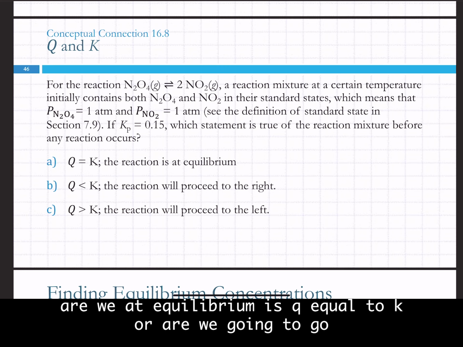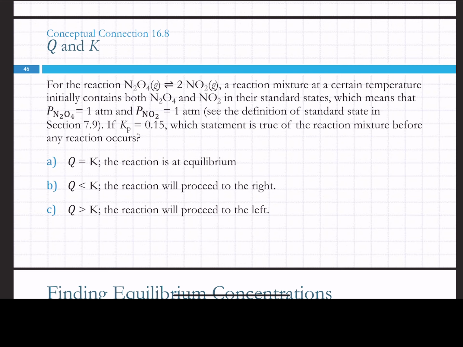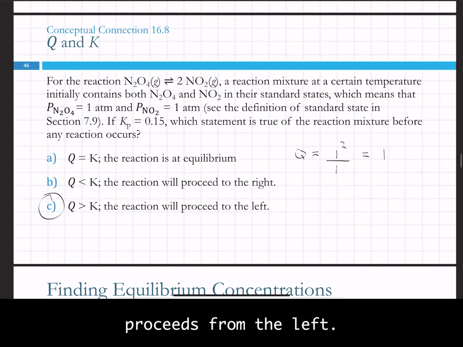Is Q equal to K, or are we going to go towards the left or towards the right? Yeah, towards the left, because what would Q be? 1 squared divided by 1, which is 1. Q is larger than K. So if Q is larger than K, it proceeds towards the left.